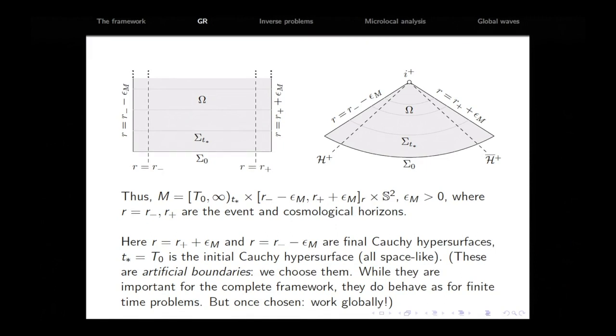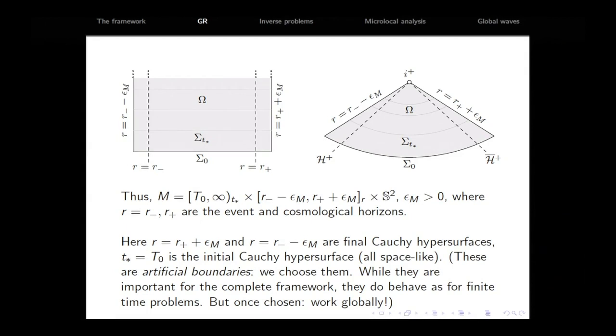And then I have a radial variable, which in this case is going to be basically from R minus to R plus, but a bit enlarged. These R minus and R plus are called the event and cosmological horizons. This is a positive cosmological constant, hence this cosmological horizon. R equals R minus is the event horizon that's usually talked about for a black hole, and nothing is ever happening there, so that's not a scary place. The analysis just goes through it, so nothing matters.